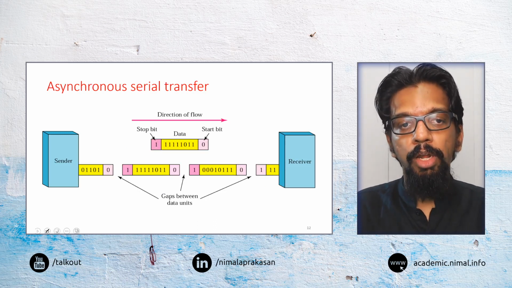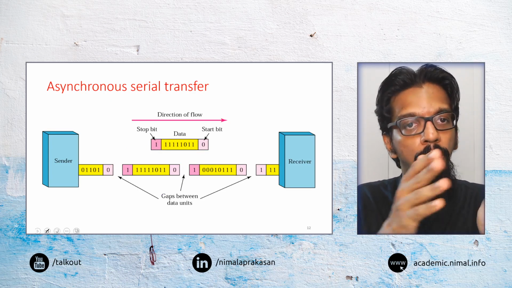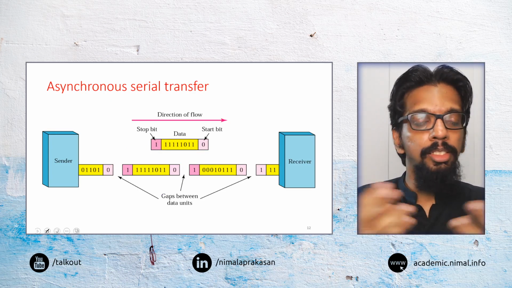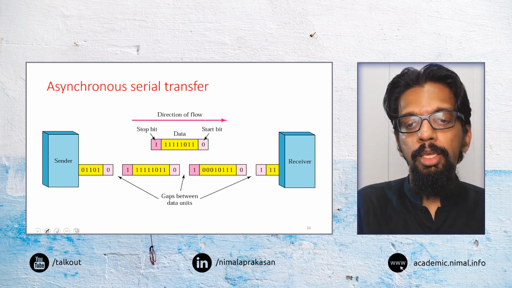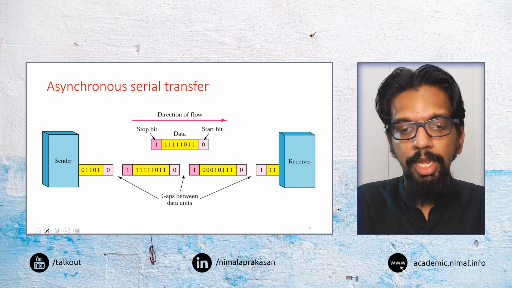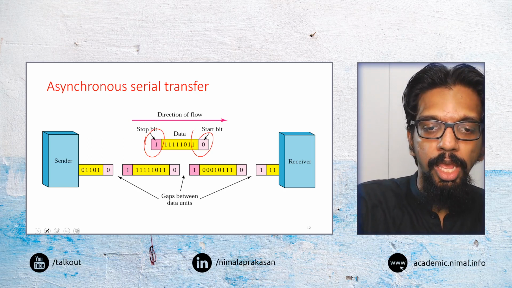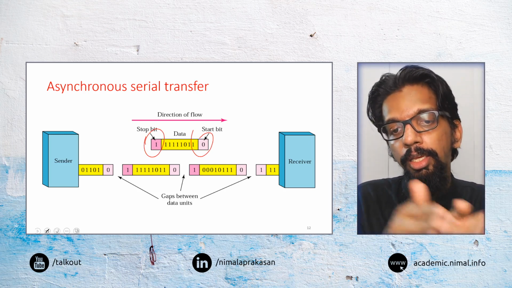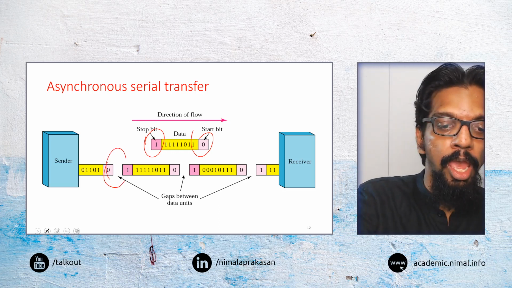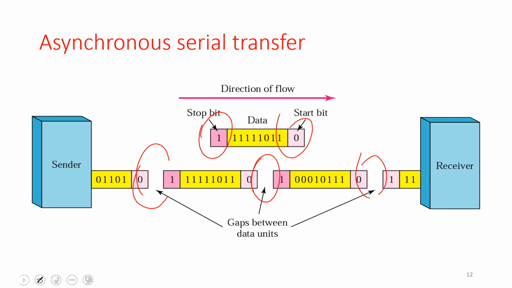On the other hand, what we have is asynchronous data transfer. Here, we don't have to continuously send things. We can start and stop the sending at any point in time, but how do we manage that? We will have to have some form of starting bit and stopping bit to indicate that the data transfer is starting and data transfer is stopping, and we may have additional points in time where we are not sending any data.